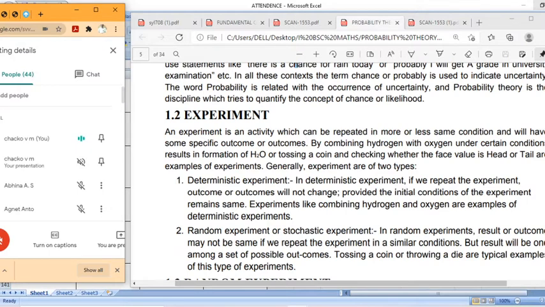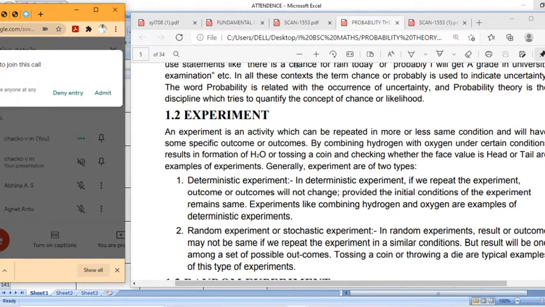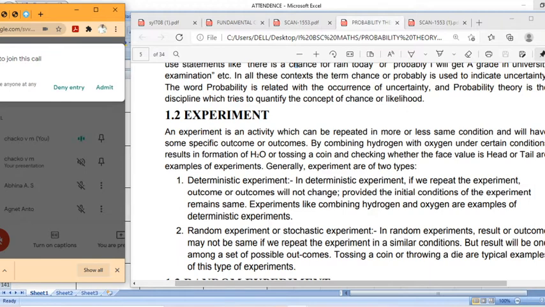That voltage will be calculated using the V is equal to IR formula in physics. If you do this experiment in your lab, suppose we are taking 2 ampere of current and 2 ohm resistance, then the voltage will be 2 into 2, that is 4 volt.